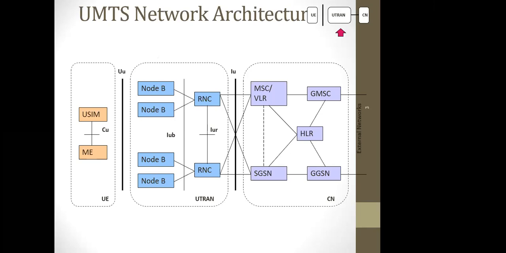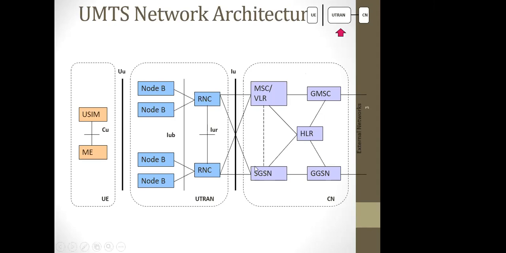Since they support CS and PS, the top path supports CS and the bottom path supports PS. So it is divided between CS and PS.